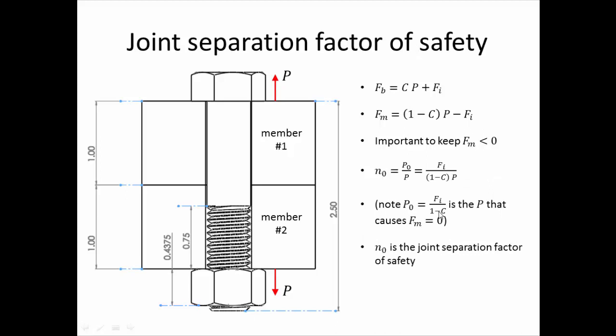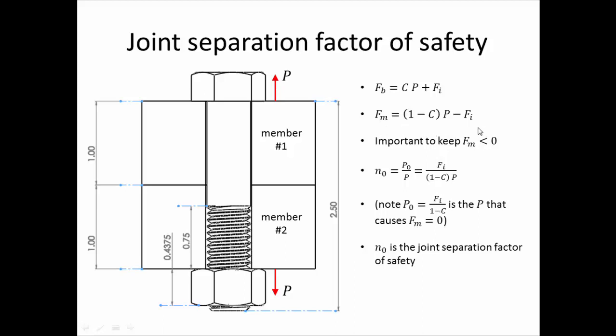A better factor of safety is the joint separation factor of safety. For this one, we look at the maximum P that we could apply to the system, which is the P that would cause the member force to equal 0.